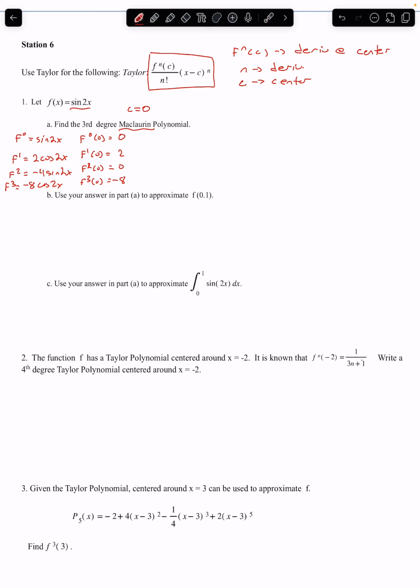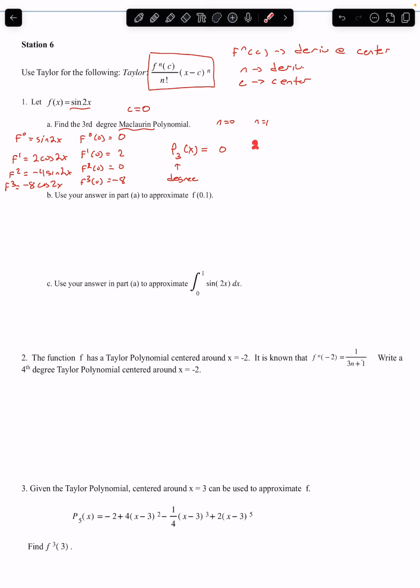So to write my Taylor polynomial, we would go P sub 3 of x. Remember, that 3 right there is going to be our degree, the number of derivatives for us. This is going to equal, ready? When we set this up, n equals 0. Well, that was just 0, so we didn't worry about that. N equals 1. My value of my derivative, remember, I'm just going to plug it in here.